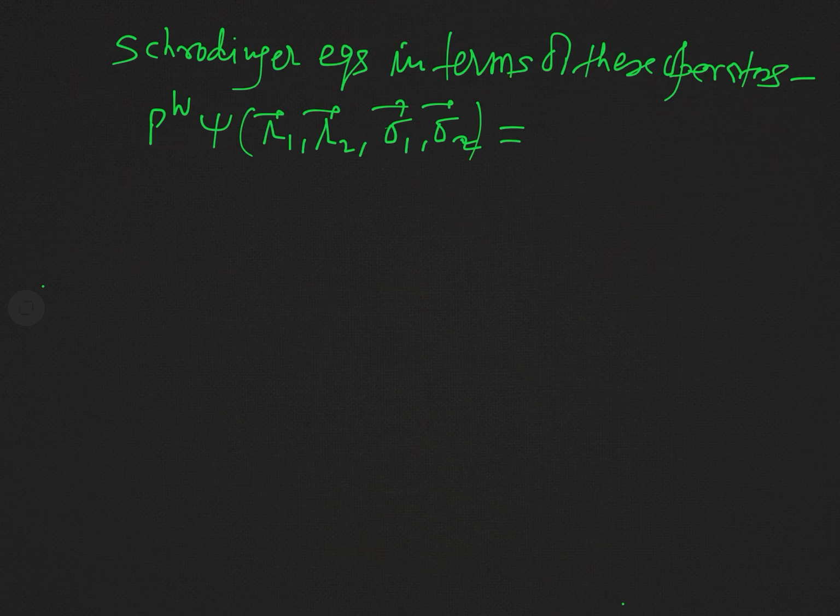As you know, this is an identity operator, and so the result is simply psi of r1, r2, sigma 1, sigma 2.